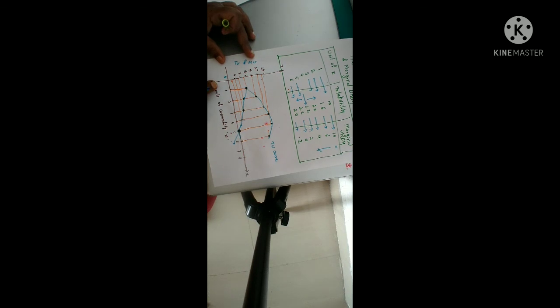On the OX axis 1 centimeter is equal to 1 unit, and on the OY axis 4 centimeter is equal to 1 unit of total utility and marginal utility. This numerical data we present here with the help of the graph.